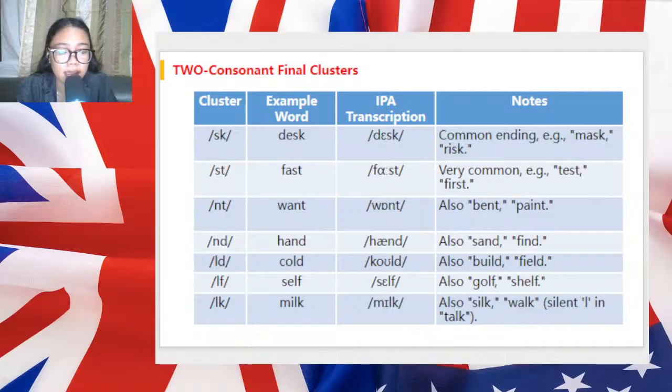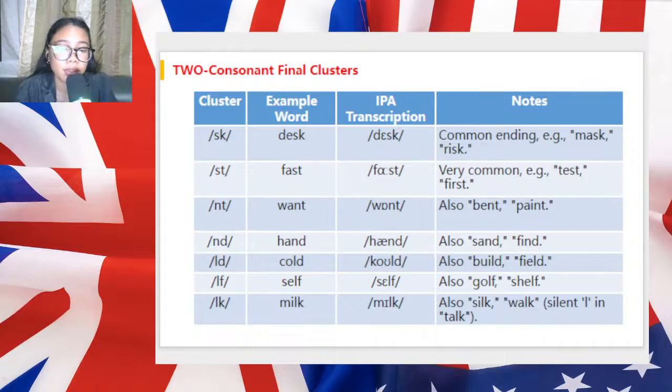Your tongue is touching the roof of your mouth. N. Again, N. So it transitions directly into the T sound at the end, like in the word want.